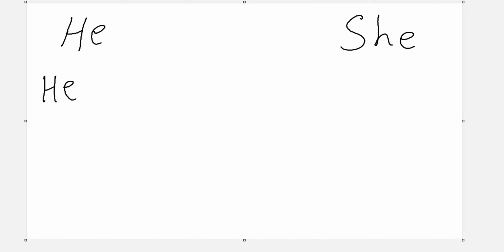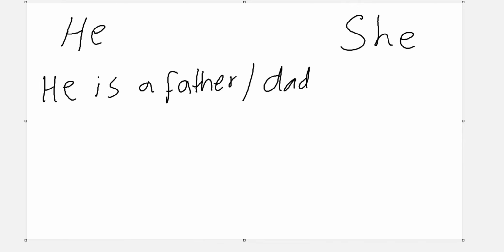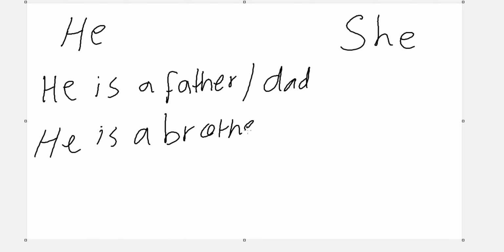For example, father, okay? He is a father. We can say father or dad, okay? He is a father or he is a dad. He is a brother, okay?